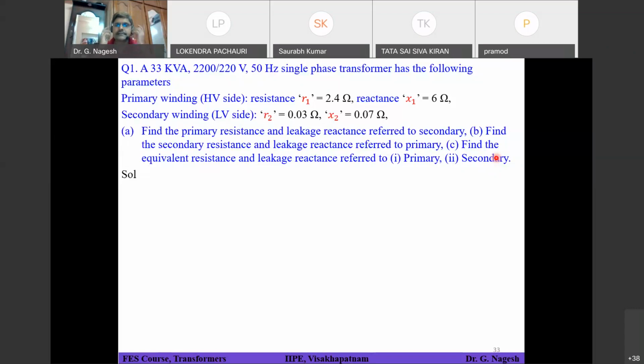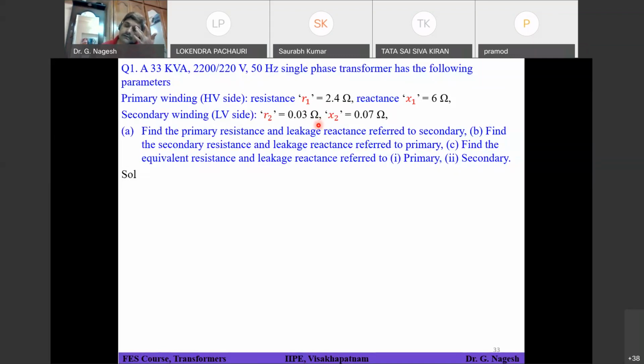You are trying to calculate, right? The question is, find the primary resistance and leakage reactance referred to secondary. So that means on the secondary side, what is the equivalent resistance? If I transfer R1, they are asking for R1 dash. Okay, 3 and 7. How have you done it?